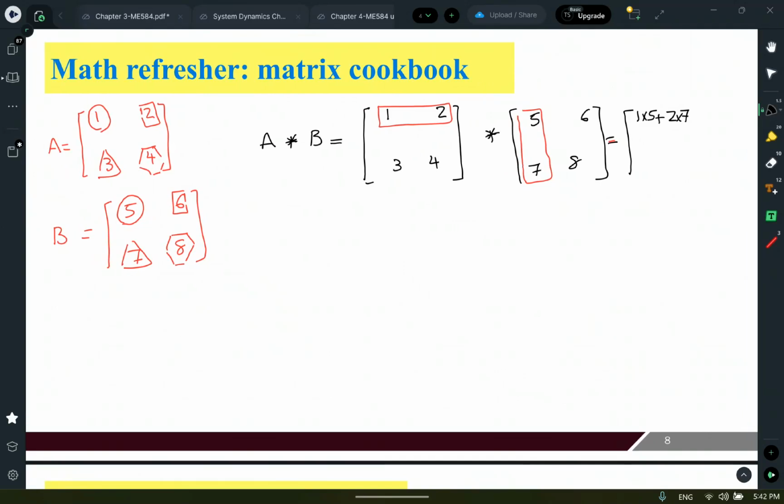Similarly, the second element over here is going to be the first row multiplied by the second column. So it's going to be 1 multiplied by 6 plus 2 multiplied by 8.